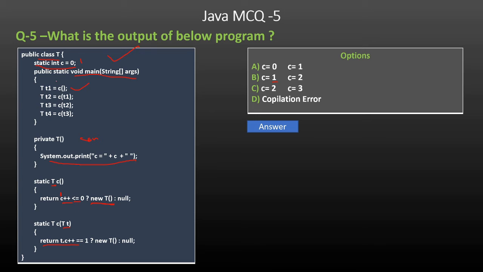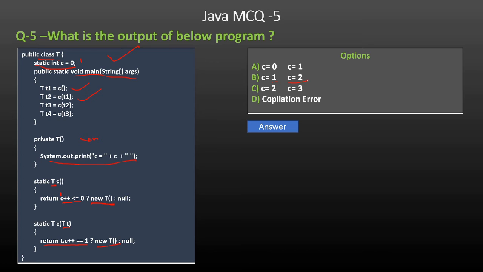It will always use whatever value is in C. As you know, the last value was 1. So this condition is satisfied, and the increment is applied after the comparison, because it is incrementing at the end. So this was true, and again this will return the object, which will be assigned to T2, and as soon as this object is created, the constructor will get called, and C2 equals 2.